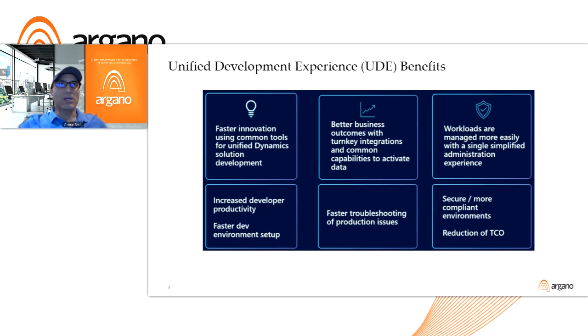You can also see that business outcomes will be much improved, since you're using technologies that are common across platforms, and it's an easier overall development experience. You can easily manage workload with a simplified administration experience, because again, the commonality of the underlying technology is being merged.